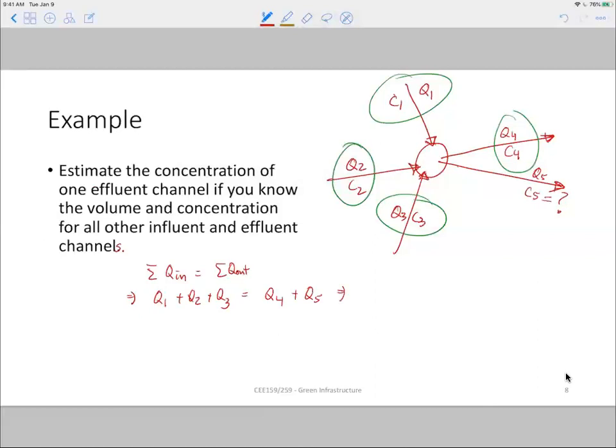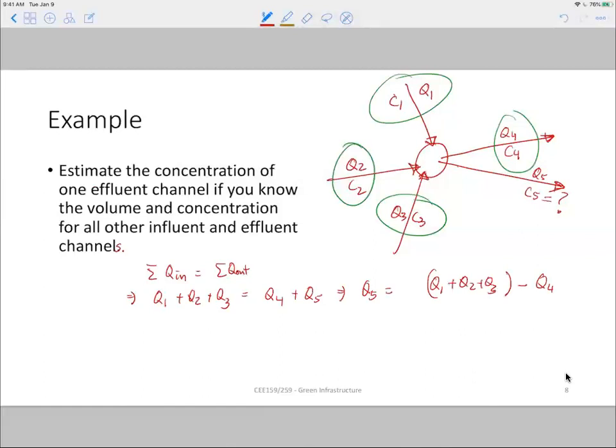So if we want to calculate Q5, we take all the flow coming into the system minus the one leaving the system. That will take care of the flow rate.